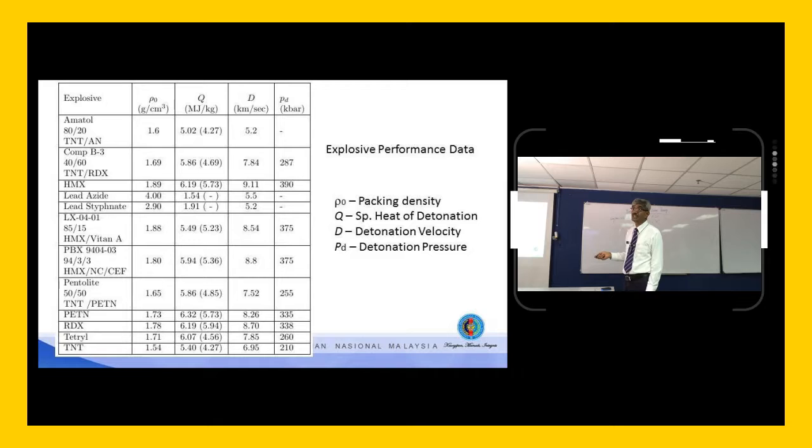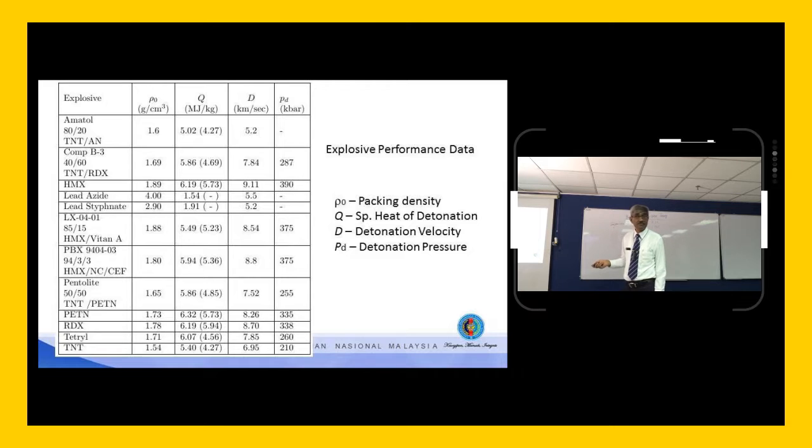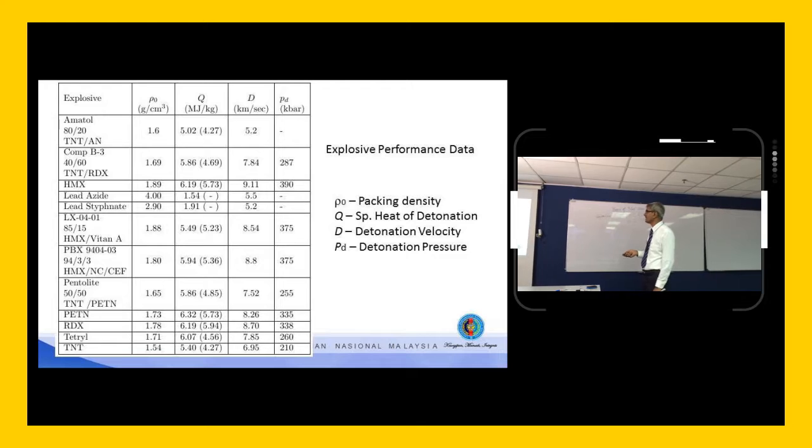But you can also find granular TNT, and the performance parameters would be altogether different. So when you increase this density, up to a certain level, if you apply a press and very much compress it, it may not be detonated at all.